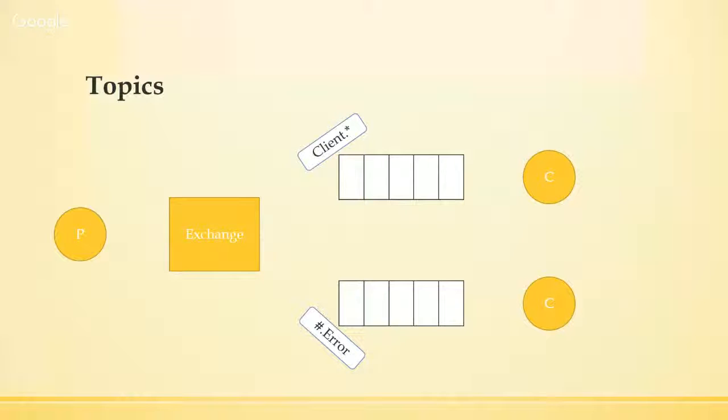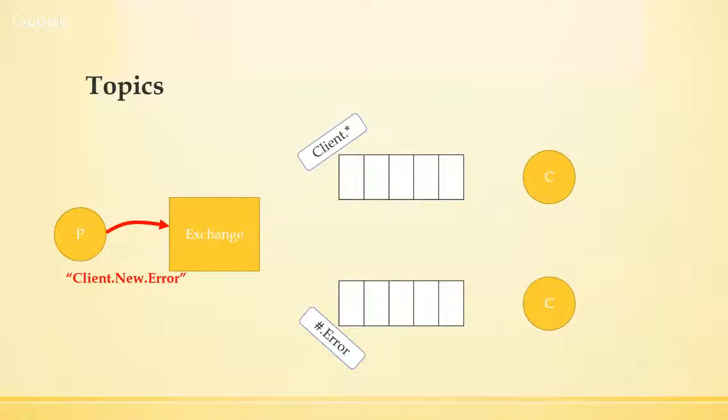So if we sent a message with the routing key client.new, client.bill, or client.whatever, it would go to the first one. If we sent anything that ended in .error as the routing key, it would go to the second queue. So client.new would go to the first queue, and then client.new.error, meaning while we're trying to register this new client, something went wrong, would match the second queue because it ends with .error.